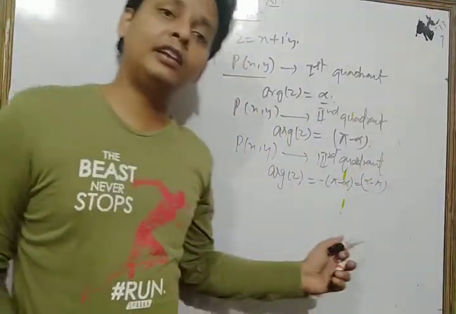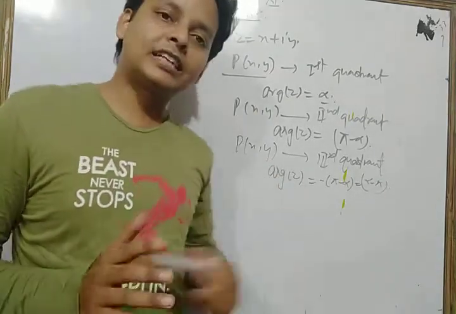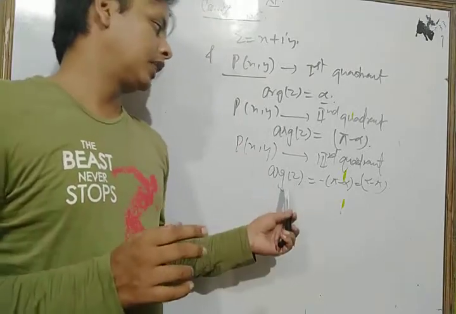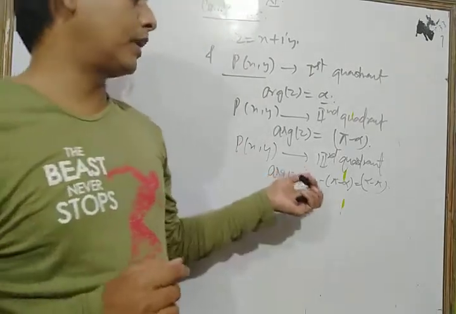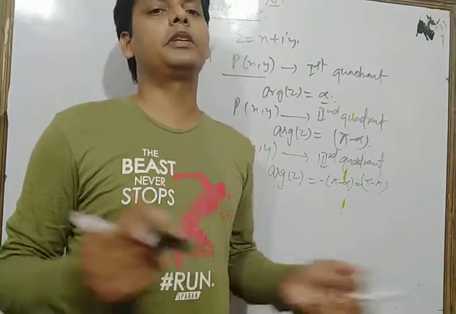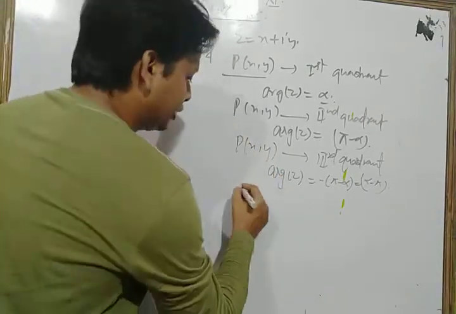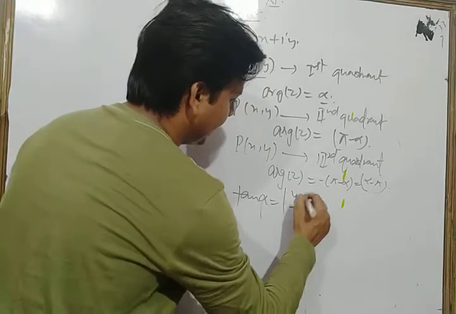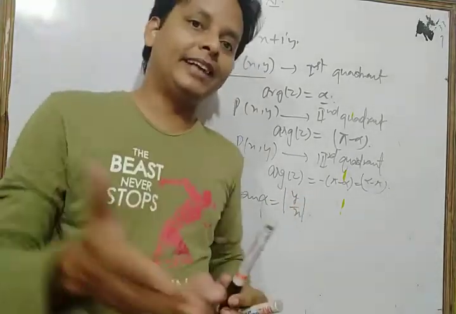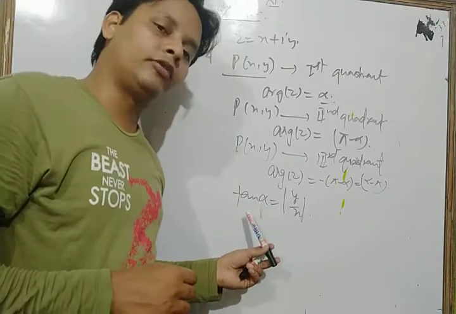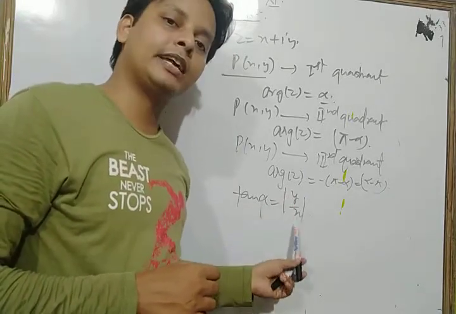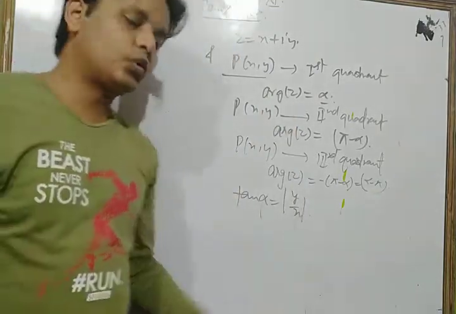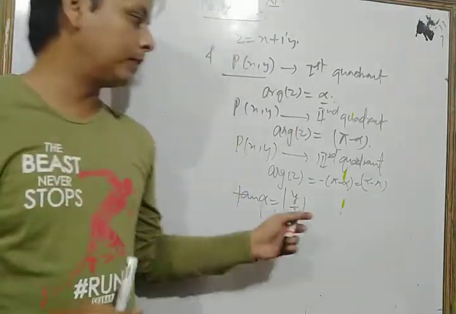Here alpha is an acute angle, and you know that tan alpha is equal to mod of y by x. Here y is the imaginary part of the complex number, and x is the real part of that complex number.